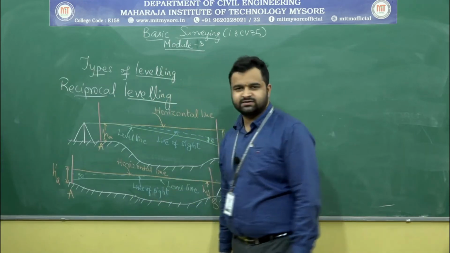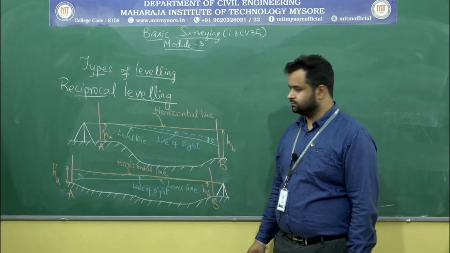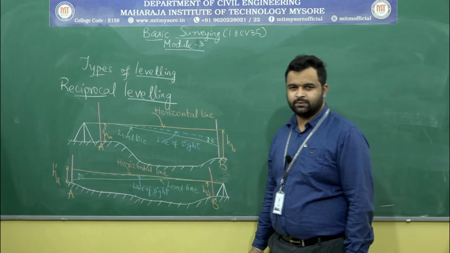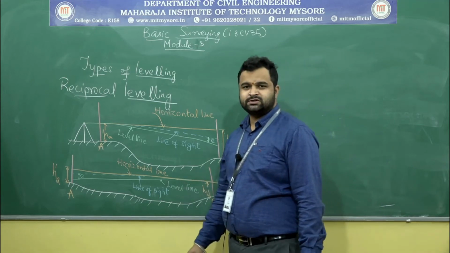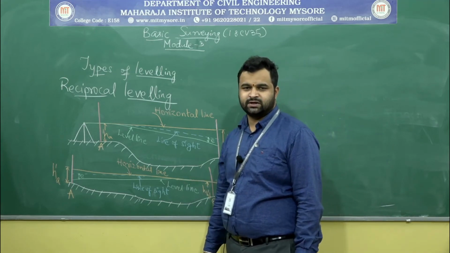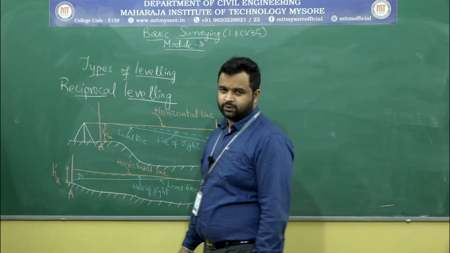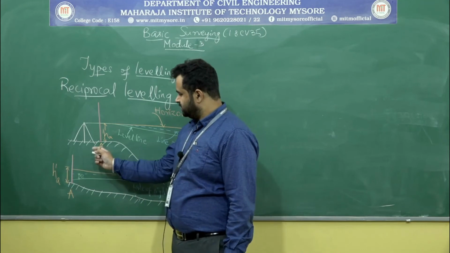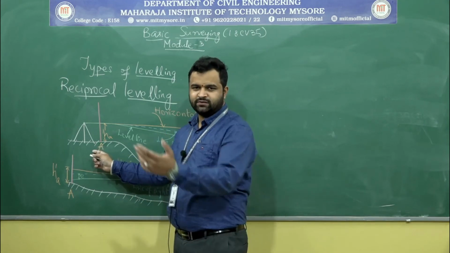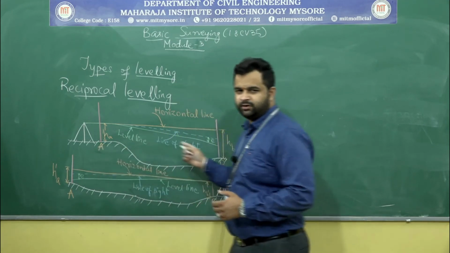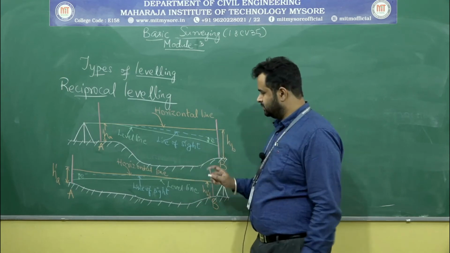Taking this figure as reference, let me explain what reciprocal leveling is. When is reciprocal leveling adopted? When there is an obstacle like a river, then we adopt reciprocal leveling. So, let point A be on one side of the river bank and point B be on the other side of the river bank.